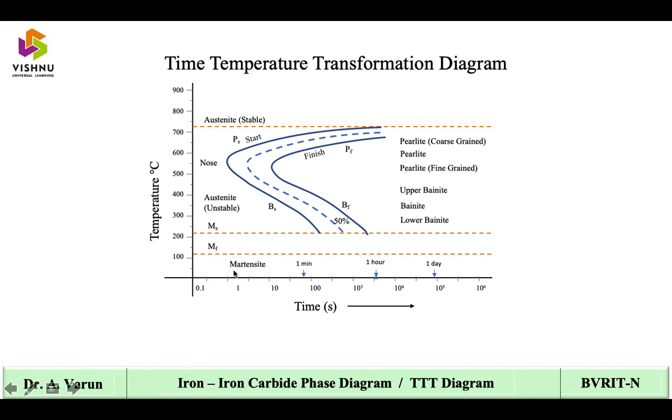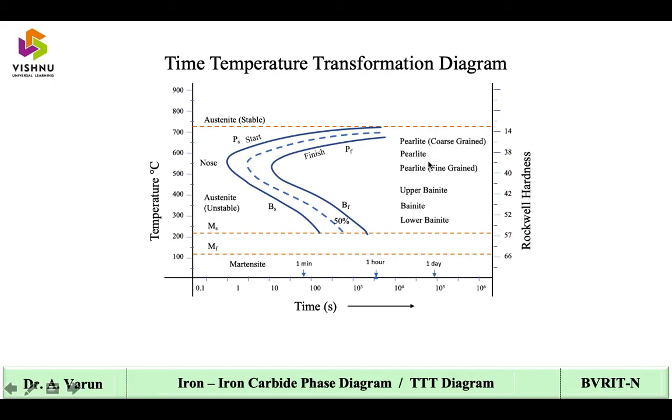Now, like I was mentioning in the previous slide, if you try to see the hardness for these transformations, you will get coarse pearlite, which is around 20 Rockwell hardness.